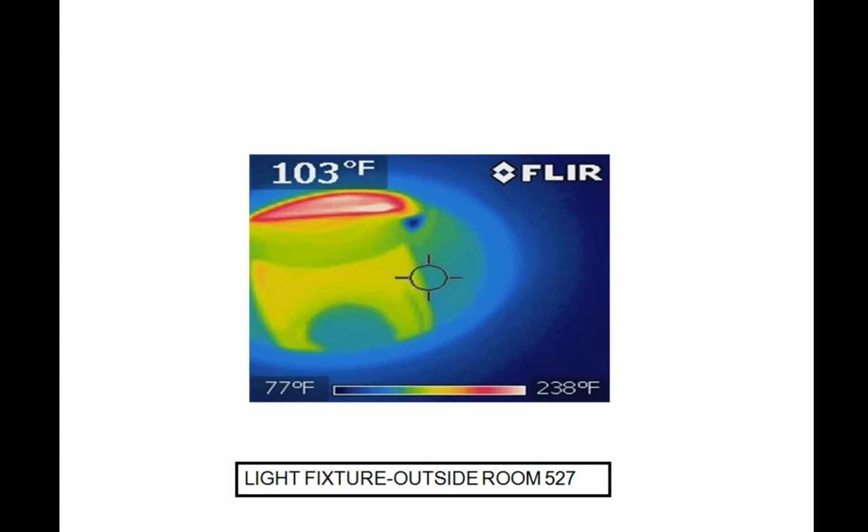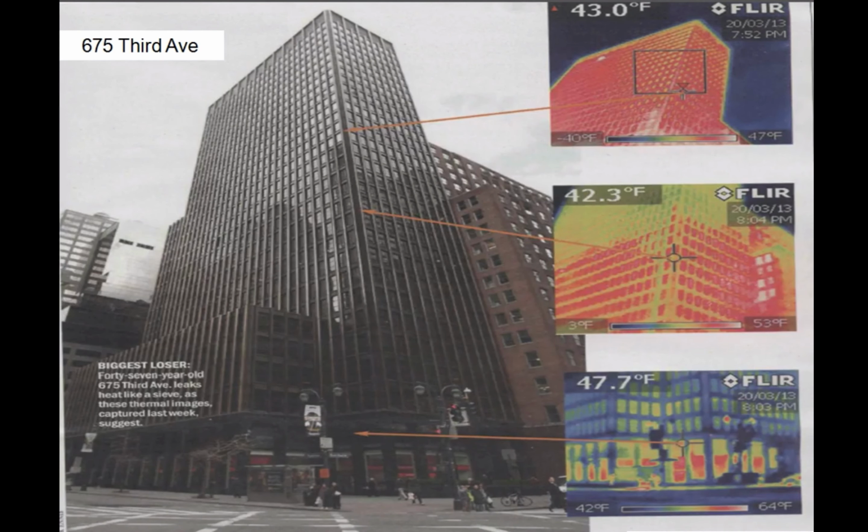All right, so there was a recent study a couple of years back where buildings around the city were thermally scanned, and the one that had the biggest issue was 675 3rd Avenue at the time. When you look at the thermal image, it's basically glowing red, meaning that the temperature was 43 degrees on the exterior.